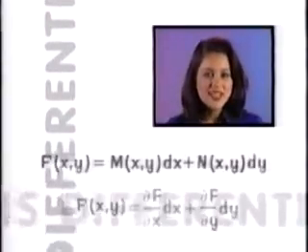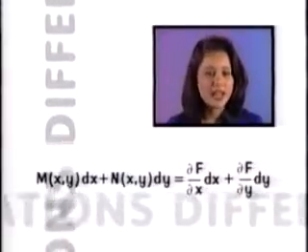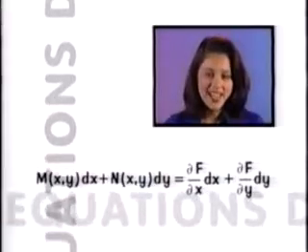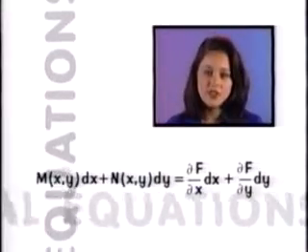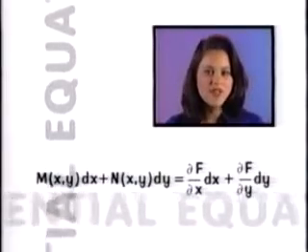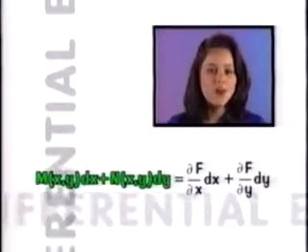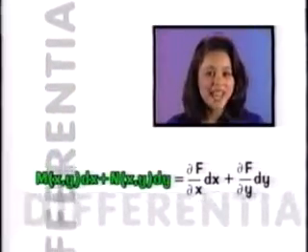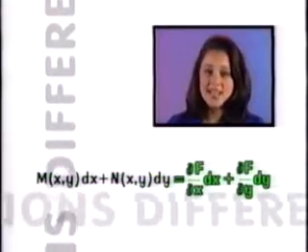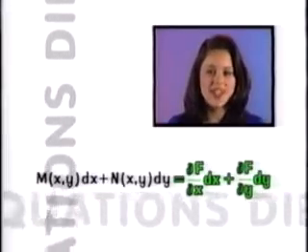Okay, so still using that creative visualization of ours, if the derivative of f is equal to M of x y dx plus N of x y dy, and also equal to the partial derivative of f with respect to x dx plus the partial derivative of f with respect to y dy, then we can set up the equality: M of x y dx plus N of x y dy equals the partial derivative of f with respect to x dx plus the partial derivative of f with respect to y dy.